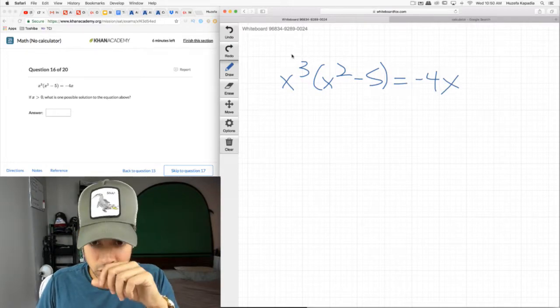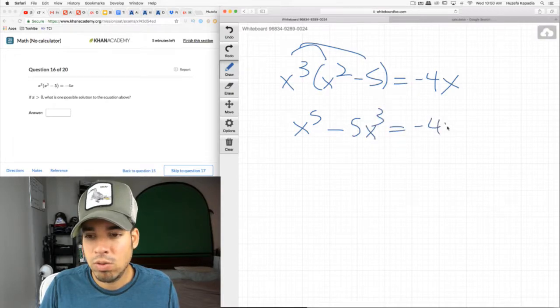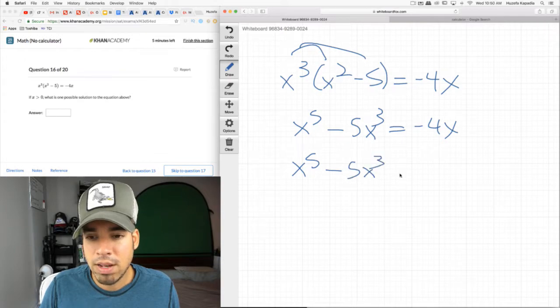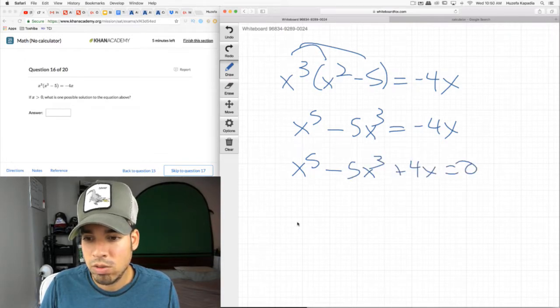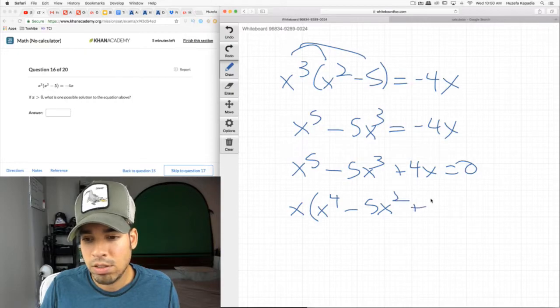So I'm going to distribute, and we get x to the 5th minus 5x cubed equals negative 4x. Let's add 4x, so I get x to the 5th minus 5x cubed plus 4x equals 0. Factor out an x. And I get x to the 4th minus 5x squared plus 4 equals 0.